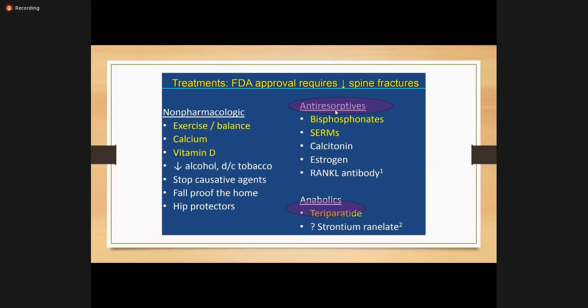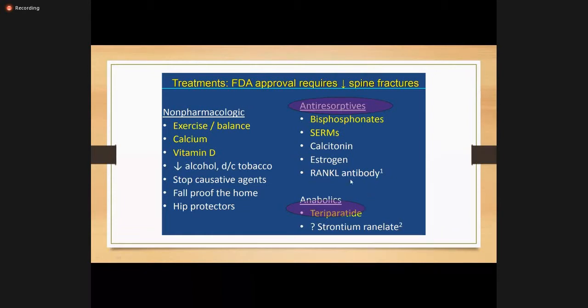Then we have these medications, major groups. Anti-resorptive treatments are bisphosphonates, selective estrogen receptor modulators, calcitonin, estrogen, and RANK ligand antibody, that is denosumab, which we will discuss later on.